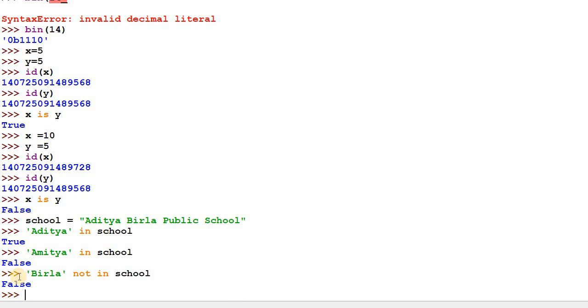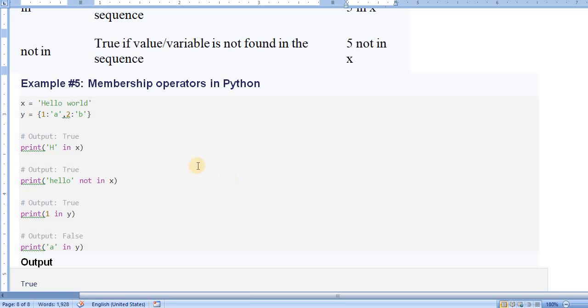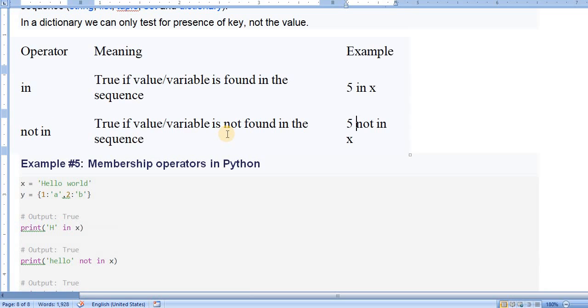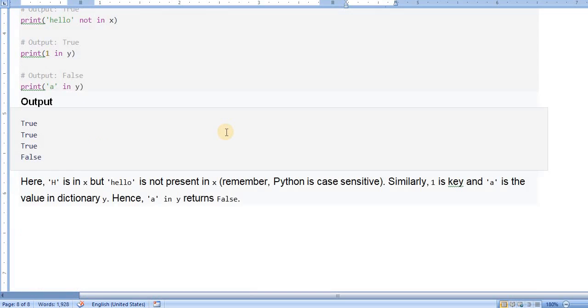It returns false because Vidila exists in this variable and we have used the not in operator. So these are the membership operators, and if the value exists in the given string or sequence, it returns true, otherwise it returns false.